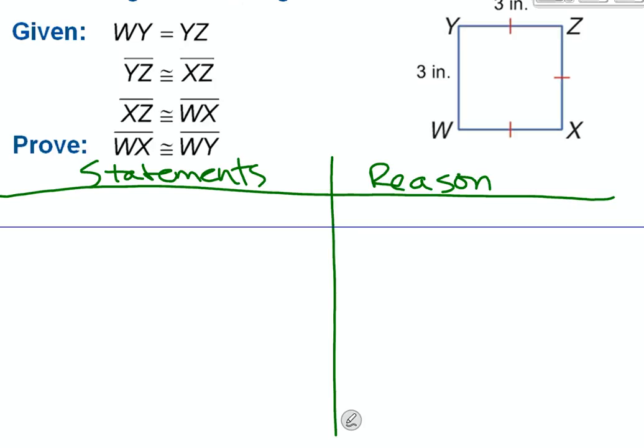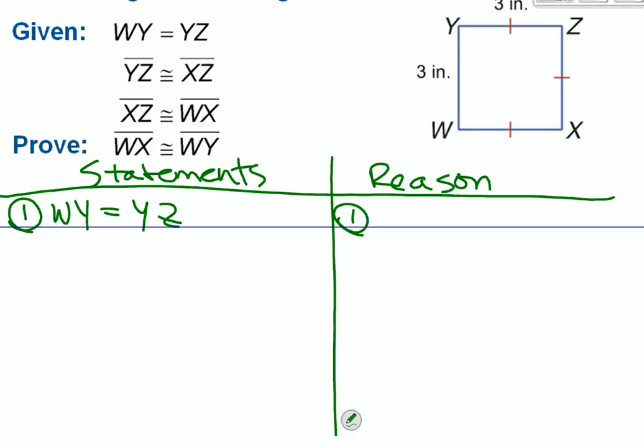So there are three things in the given. I'm only going to write that very first one and then make that change. And then I'm going to write the other two after that. And you're going to help me as I go. So do you know what the very first thing is we're going to write? It's going to be that. So go ahead and tell us. And what is the reason for that?